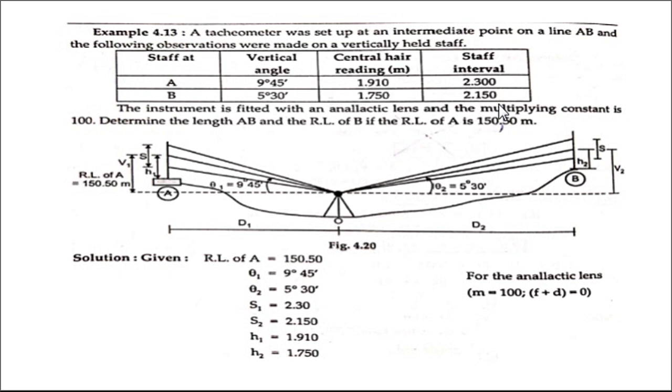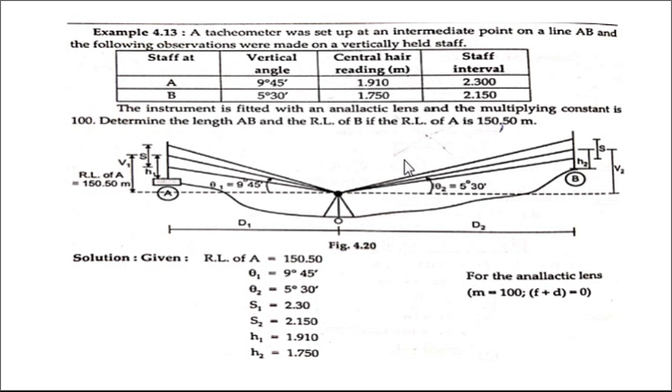Then the instrument is fitted with an anallactic lens and the multiplying constant of the instrument is 100. From this they asked to determine the length AB and the RL of B if the RL of A is 150.5.